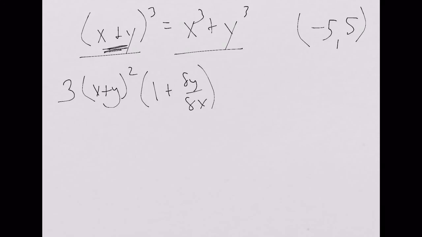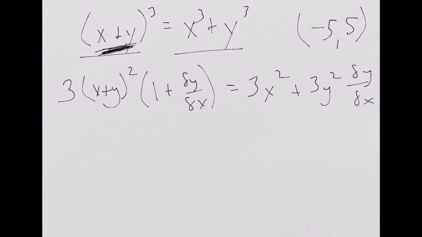So the derivative of x is just 1, the derivative of y is dy/dx. So that's where my derivative of my substituted thing is. Equals, well, the right hand side is pretty easy, 3x squared, and this would be 3y squared. But I'd have to do my dy/dx. Whenever you take the derivative of y, you will have a dy/dx.